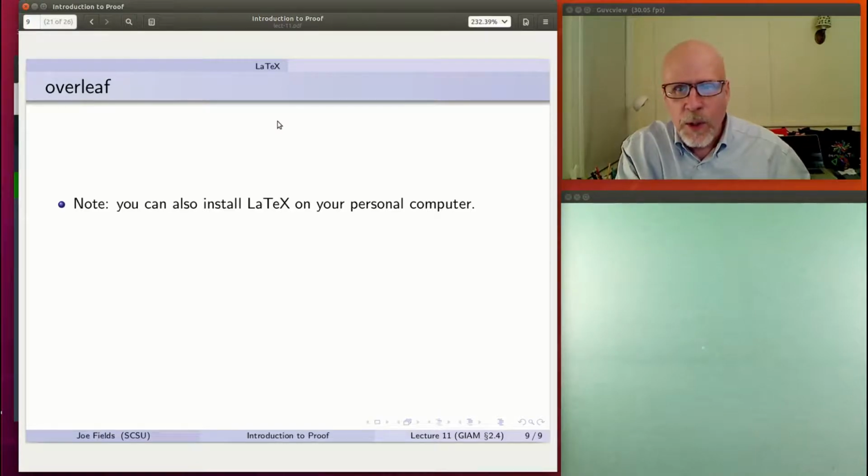This is a moment where I should go ahead and straighten out something about the name of this software. The original package for typesetting math was called TeX. And TeX was created by a man who's a personal hero of mine, Donald Knuth. Knuth is probably considered a guru by people who do coding.